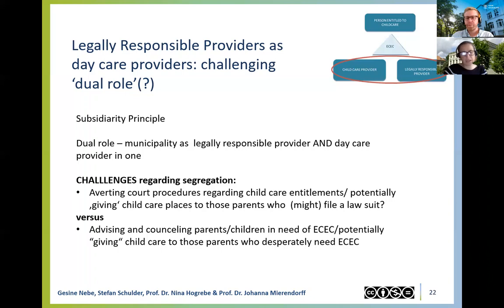Interviewees claimed that it is common for counselors to be confronted with the immediate need to find childcare places for families, sometimes those who failed using the online portal. In that case, the legally responsible provider might particularly address their own municipal daycare providers and hence promote segregation or accumulated clienteles as well.